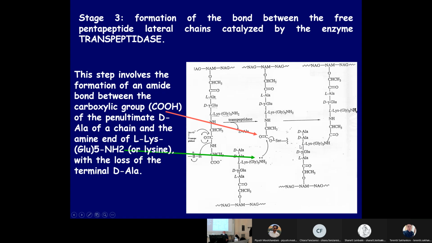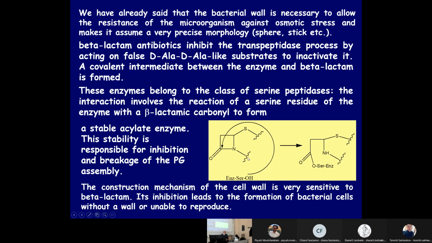Penicillins are able to interact directly with this enzyme, with the transpeptidase. You can see here what happens.